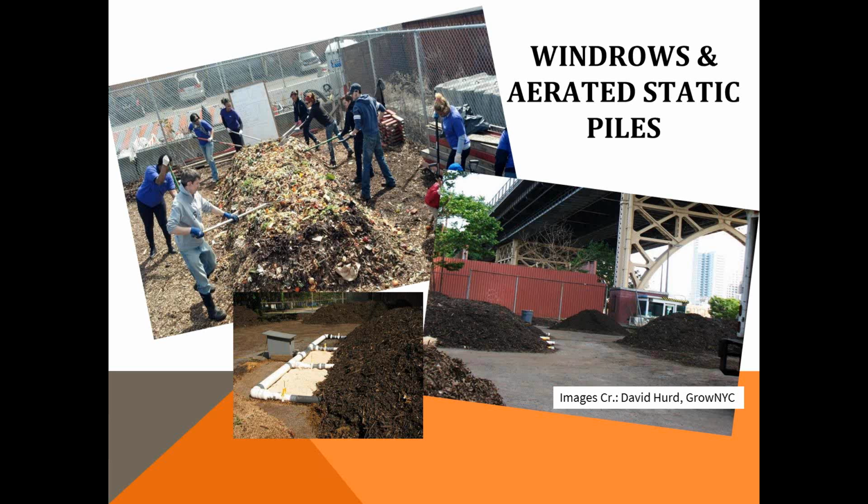Windrow systems are used a lot in community composting, particularly on bigger sites. The one on the bottom left is what's called an aerated static windrow, and you can put a little motor on that, or it can be without a motor. It just helps aerate the piles. So again, just different methods and examples, and we'll be working with you to decide which methods and systems will best meet your needs.